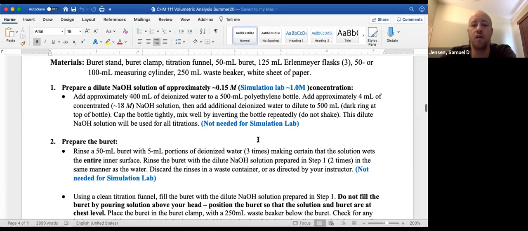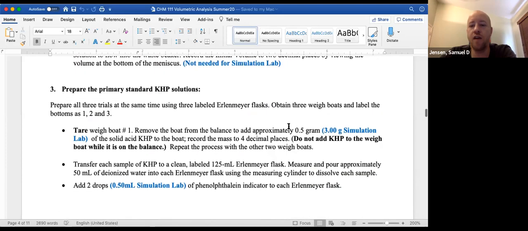So that affects the KHP that we weigh out. In class, we were weighing out about 0.5 grams, but you need to use about 3 grams in the simulator because the base is so much stronger than we used in the lab. So they've scaled: in the lab, we had a low concentration of base, and so we used a low amount of KHP.